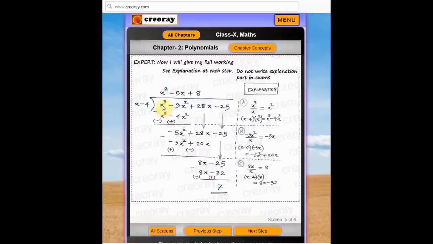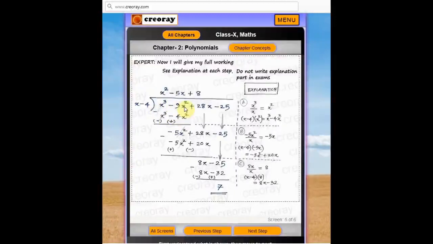So now you see, we have this original polynomial, we get the first term of the quotient, and then when we multiply this quotient by this divisor throughout, you get x cubed minus 4x squared here. Now subtract it. So x cubed and x cubed get cancelled out. And this minus will turn into plus because we are subtracting.